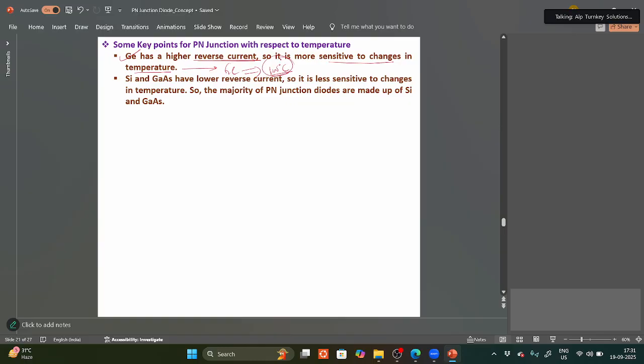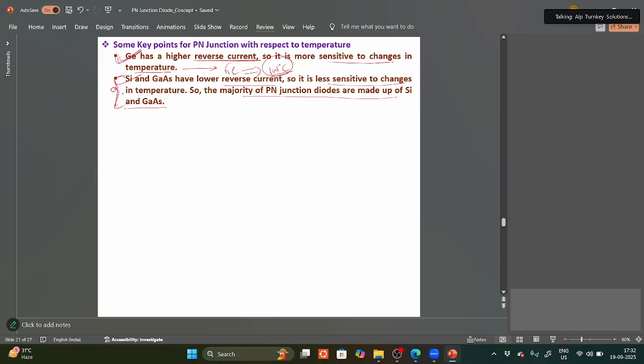It is more sensitive to temperature. Silicon and gallium arsenide have lower reverse current. It is less sensitive to change in temperature. So the majority of PN junction diodes are made with silicon and gallium arsenide. We will not make the PN junction diode with germanium. Why? Because it is more sensitive to temperature.